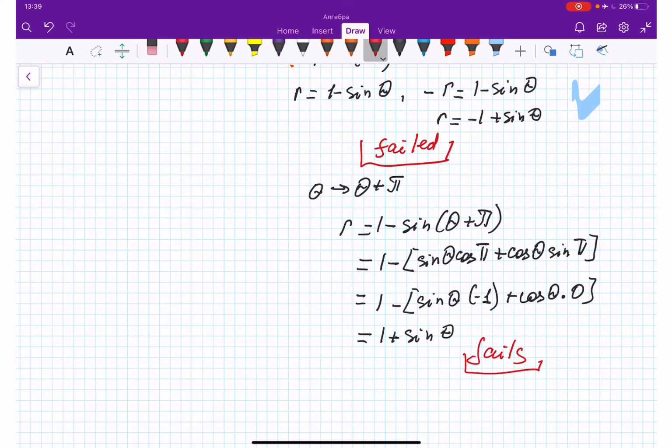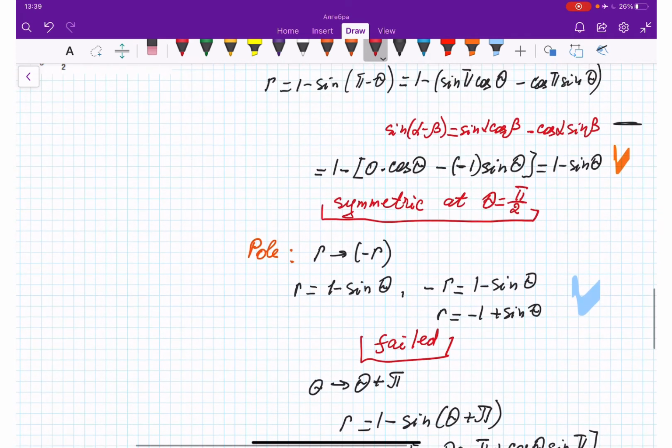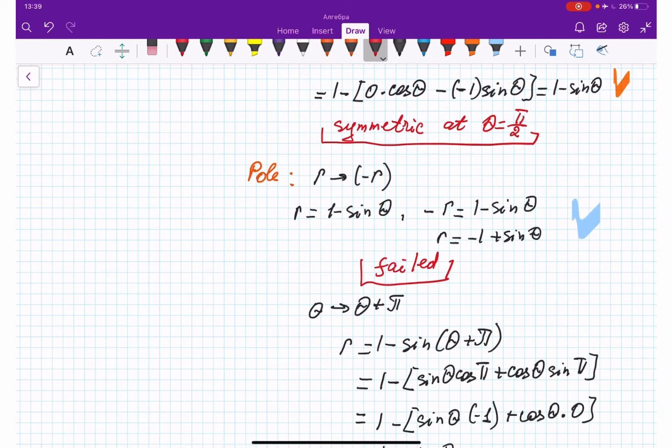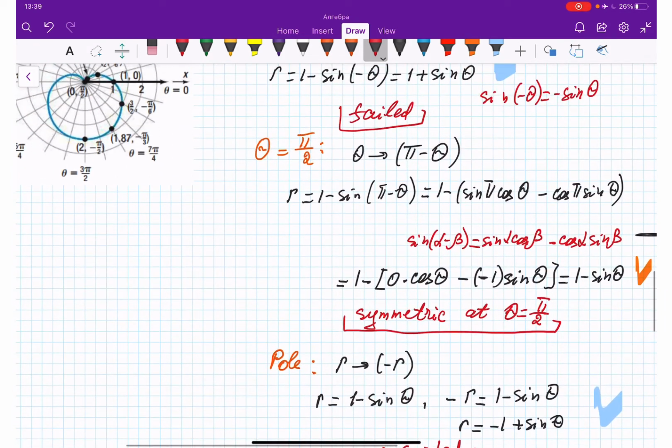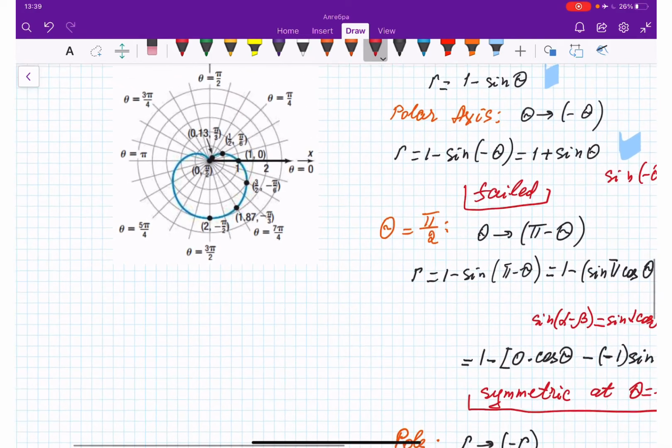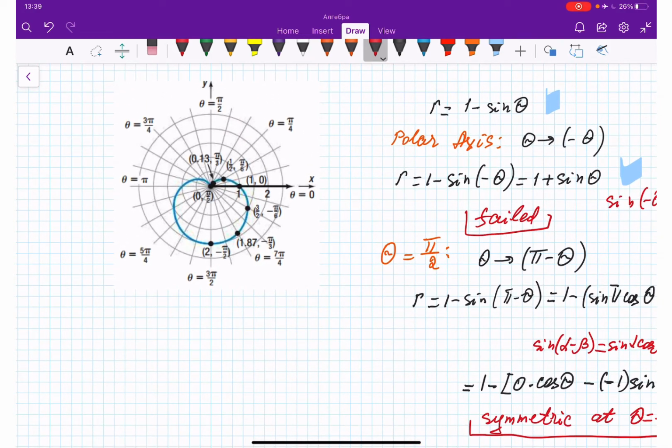Start graphing the cardioid. So we are going to identify points to graph. How we are going to identify the points? Let me write down right here.